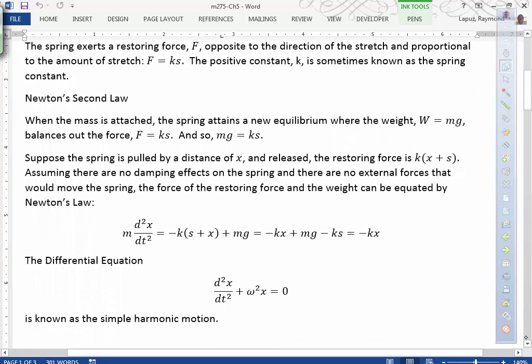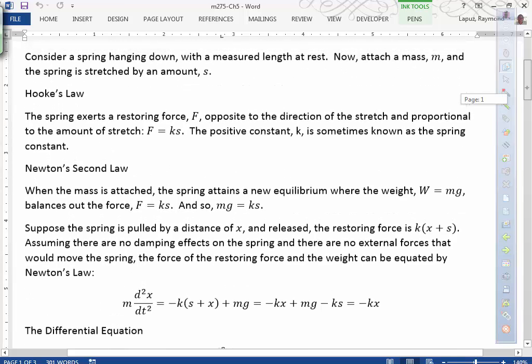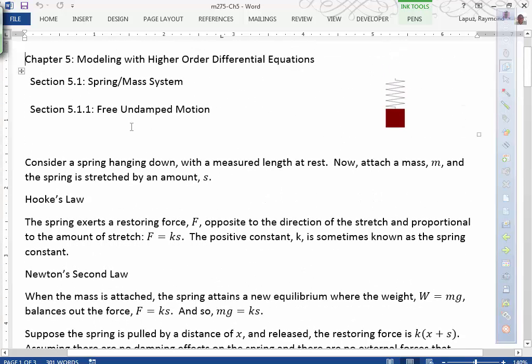If you're talking about a spring that, I guess you have to say that it lives in a vacuum where there's no air resistance and there's no restrictions on friction or anything like that, it just starts to oscillate and goes on forever because there's nothing to slow it down. So that idea where it doesn't slow down is an undamped motion. You don't damp it, there's no friction, it just goes on forever.